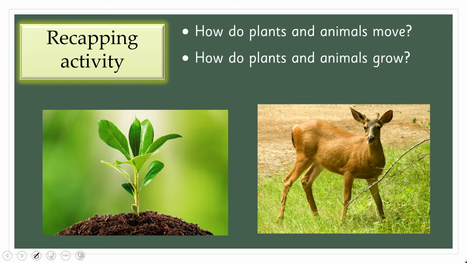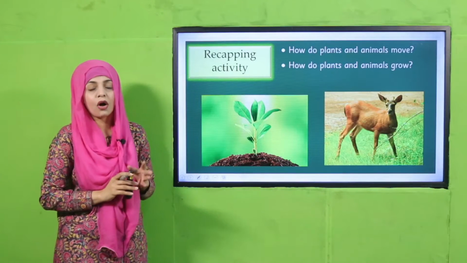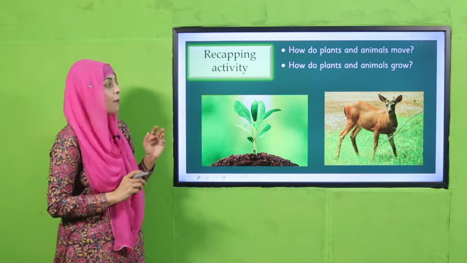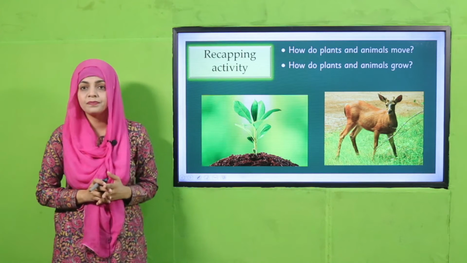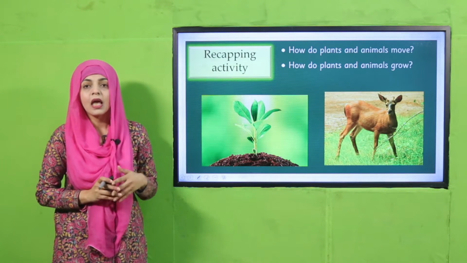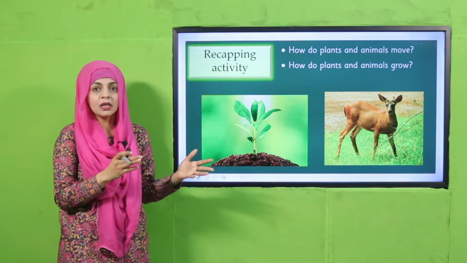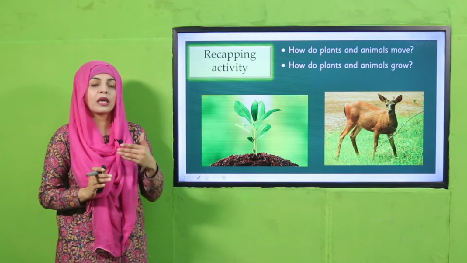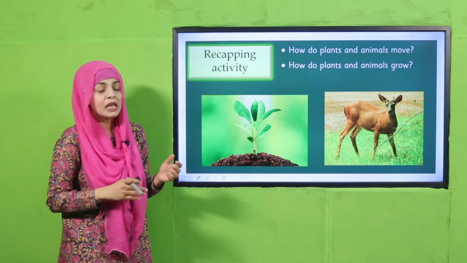So my dear students, let's quickly recap what we did in the previous lectures. As you know, we discussed the similarities of plants and animals. Both are living things. So how do plants and animals move? Animals can move from one place to another with the help of their legs and their different organs.